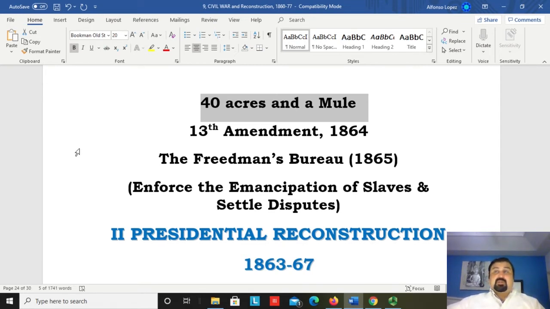So if you do that, they say, then we're going to have, of course, a new South. They wanted a totally new South, totally reformed, in which slavery was not just going to be abolished, but the population would be integrated into the national life of the country, into the economic and political life of the United States.